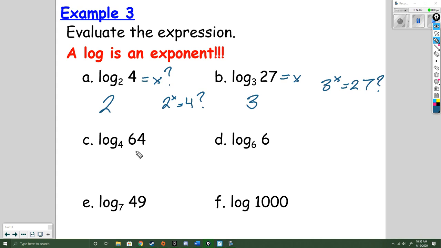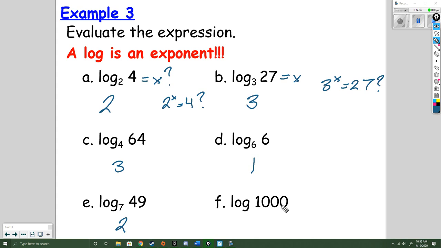That would be 3, and we can just do some trial and error, whether on our calculator or not, to find that answer. 6 to what power equals 6? Well, it's the same, so that would be 6 to the first power. 7 to what power equals 49? That would be 2.